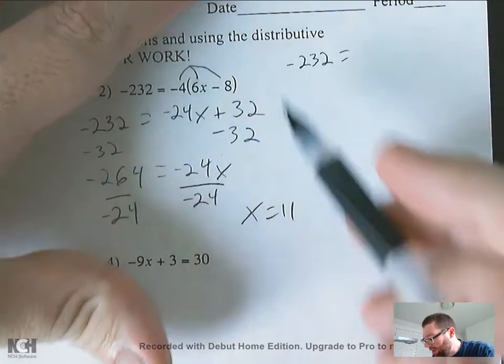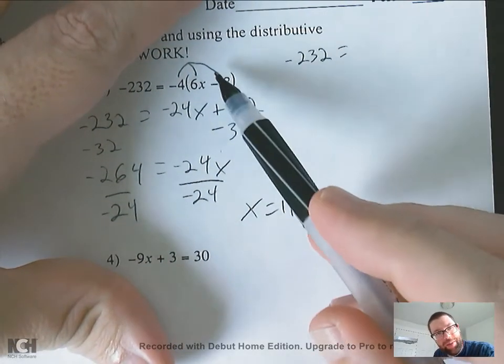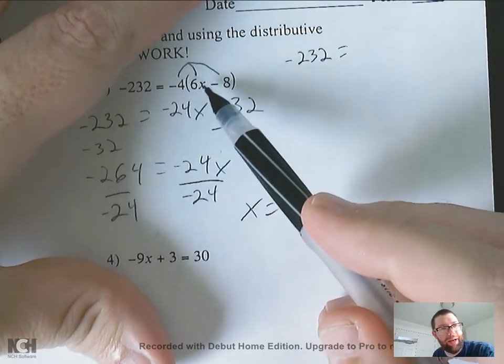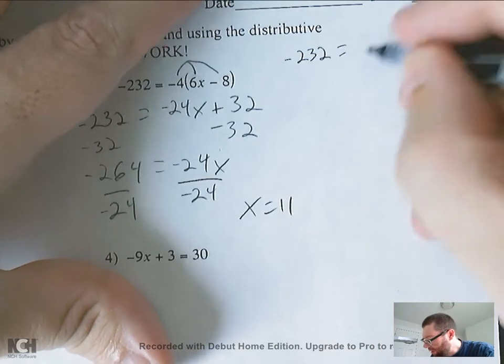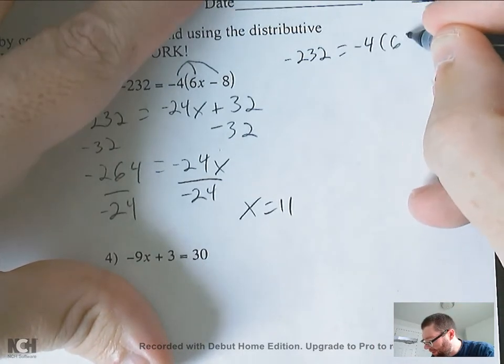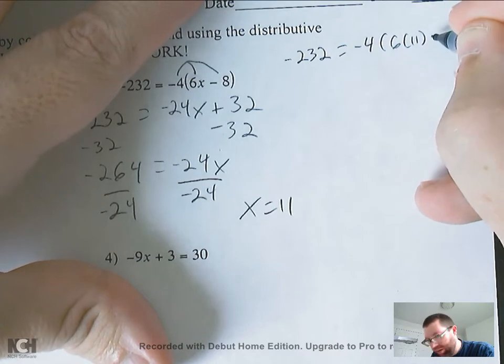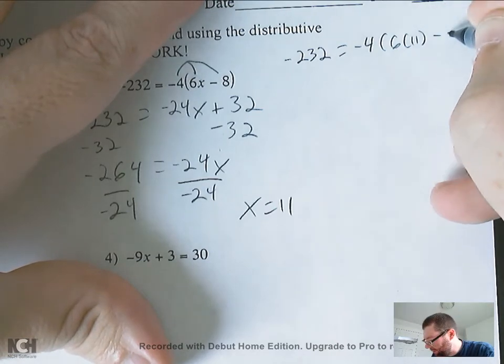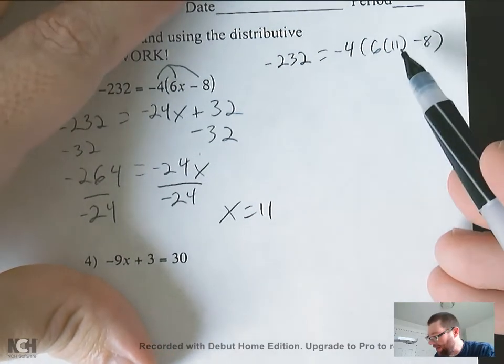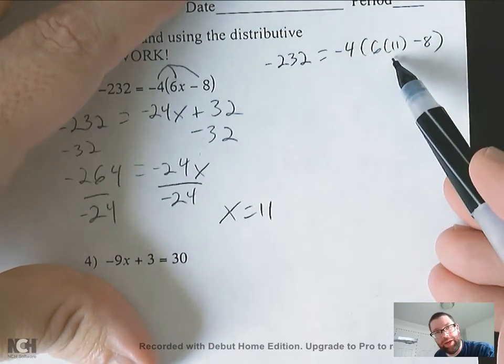Okay, so since I know x is equal to 11, I'm going to come up here and replace that x with 11. So I'd have negative 4 times 6 times 11 minus 8. Now, since I know everything in the parentheses, I can actually do everything in the parentheses right here, right?